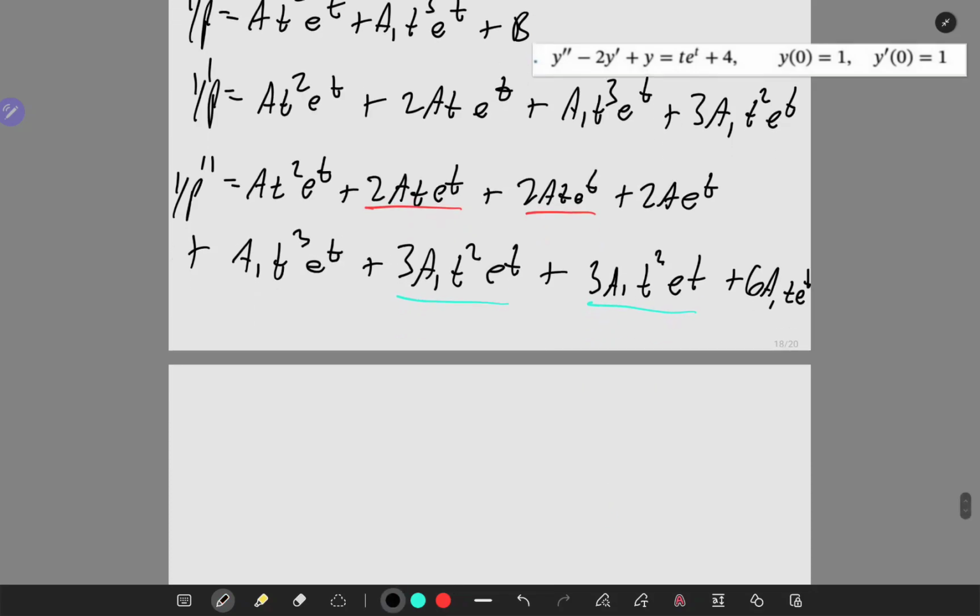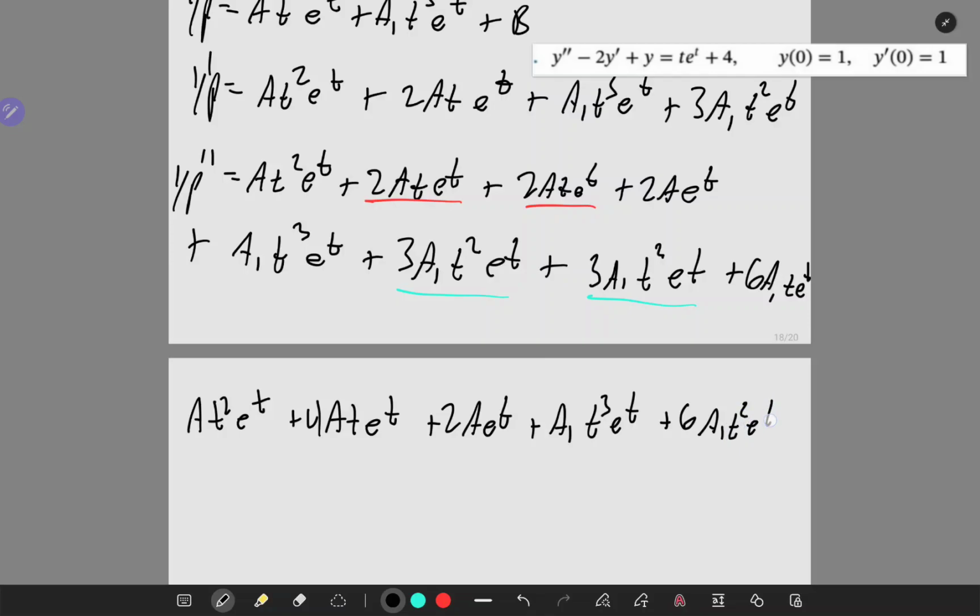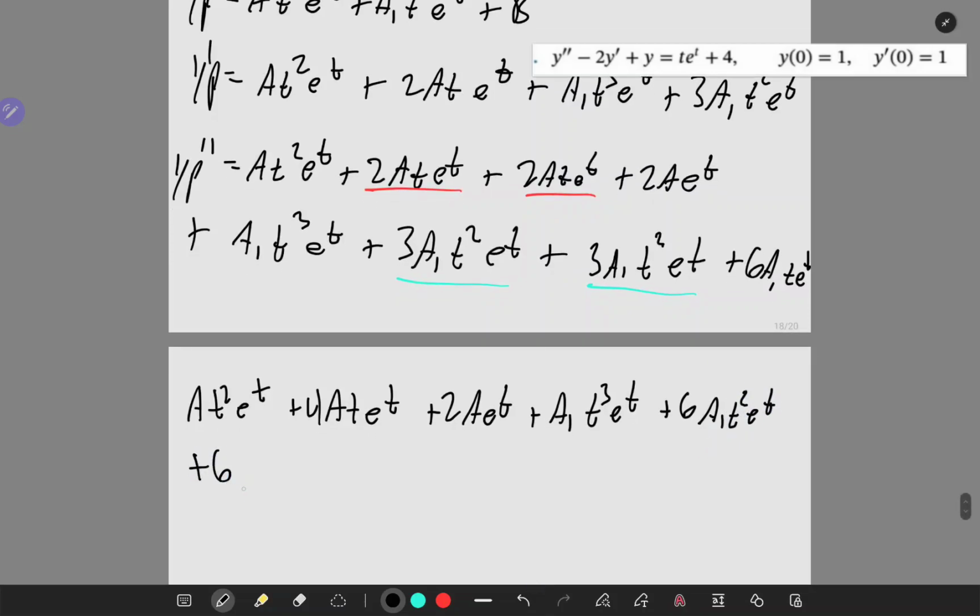So we're going to have a t squared e to the t plus 4at e to the t plus 2a e to the t plus a1 t cubed e to the t plus 6a1 t squared e to the t plus 6a1 t e to the t.